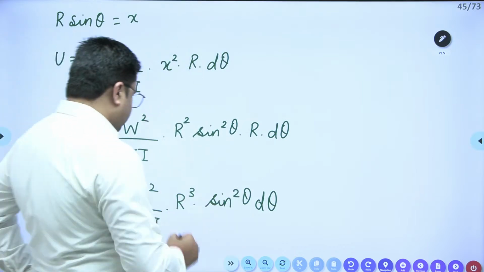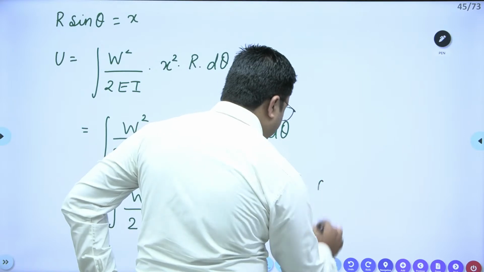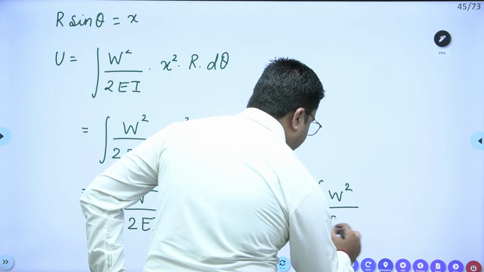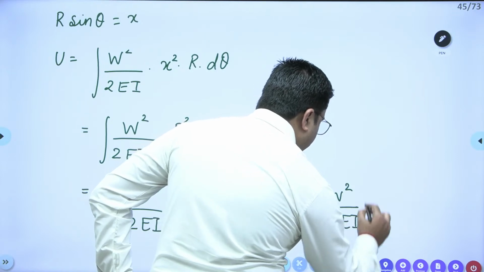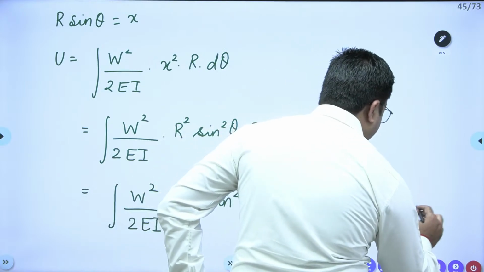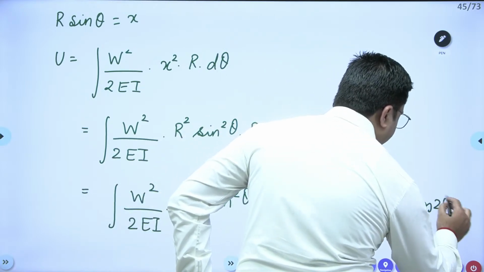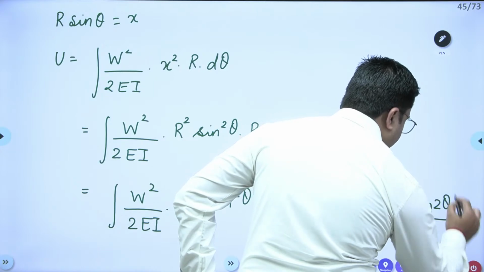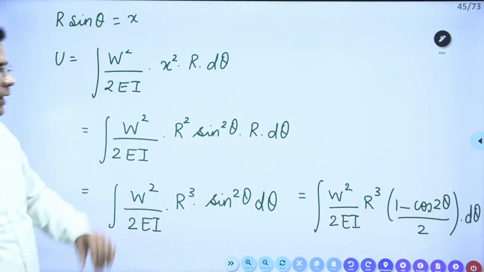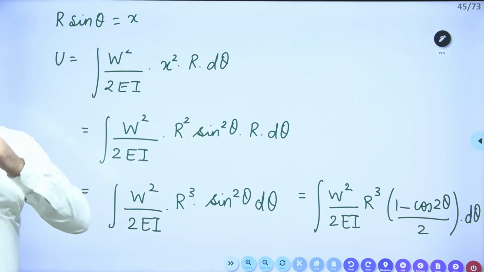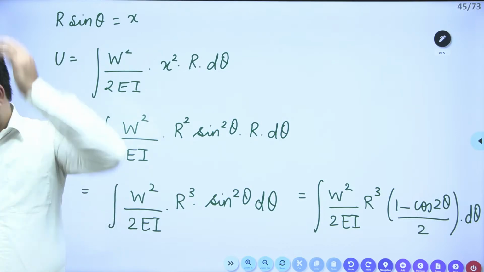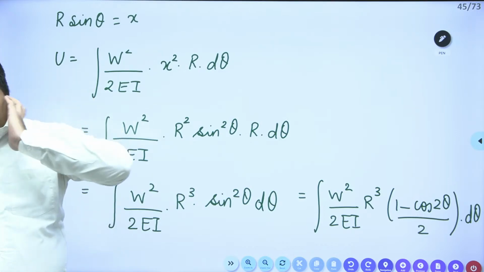Now, this is integration of W square upon 2EI into r cube. This sin square theta can be written as (1 minus cos 2 theta) by 2 into d theta. Just integrate this expression and tell me the value of the amount of delta that is coming.